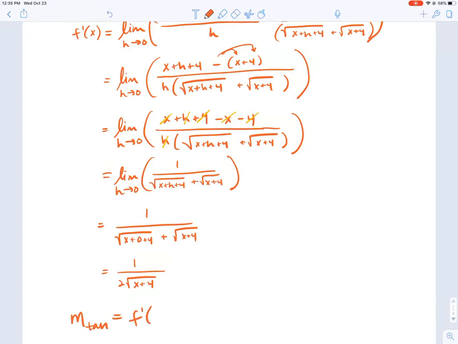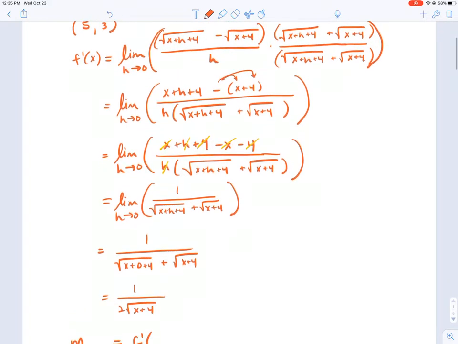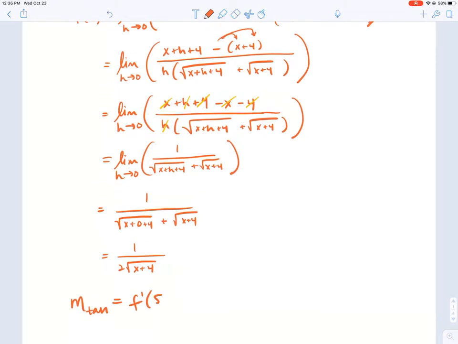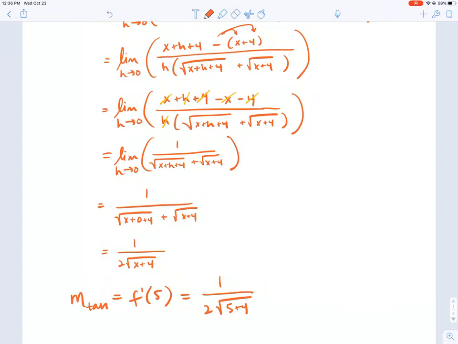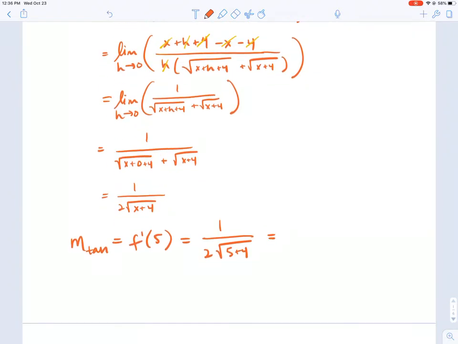And we can now use our derivative to find the slope of the tangent line. So we're going to evaluate f prime at 5, which will end up giving us 1/6.